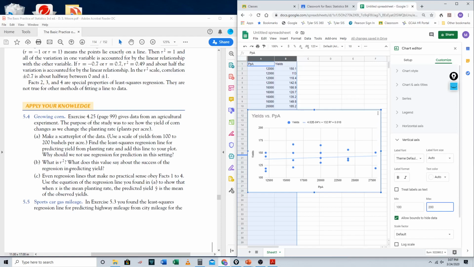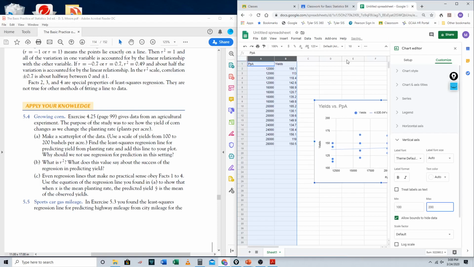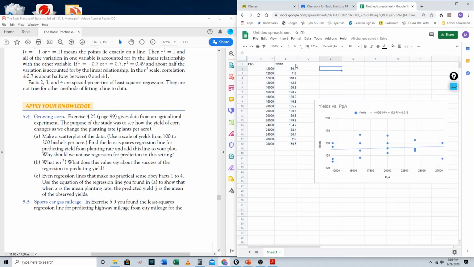Use the equation of the regression line you found in A to show that when X is the mean planting rate, the predicted Y hat is the mean observation. So here, what they want you to do is to first find the average of the plants per acre and the average of the yields. So here we go.